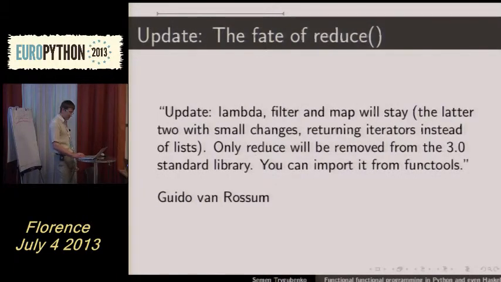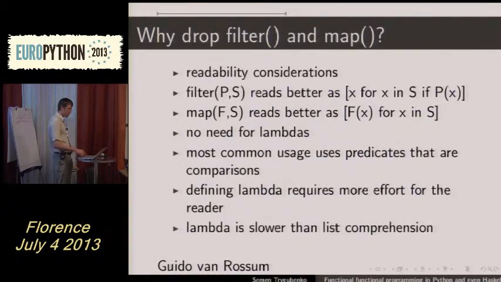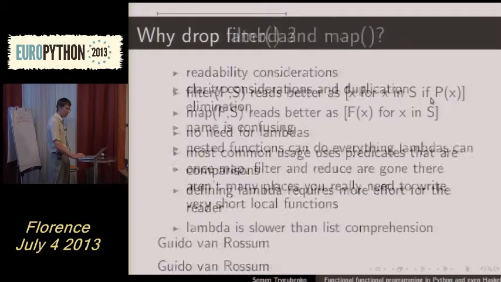The reason for this, there was an update, by the way: lambda, filter and map will stay, only reduce will be removed, and you can still import it. The main thing they were optimizing for is readability, and arguably the filter with predicate P reads better as a list comprehension: x for x in S if P(x).